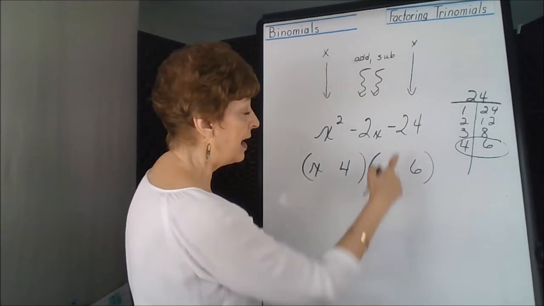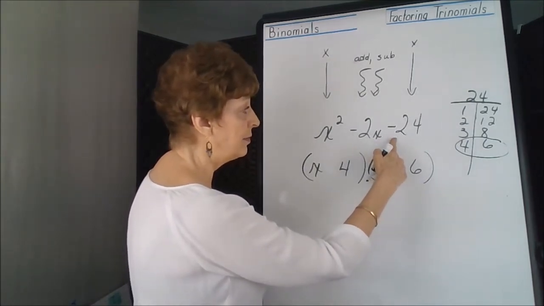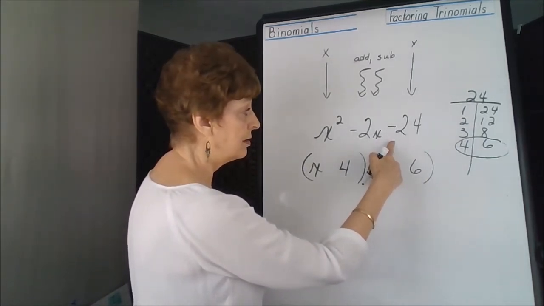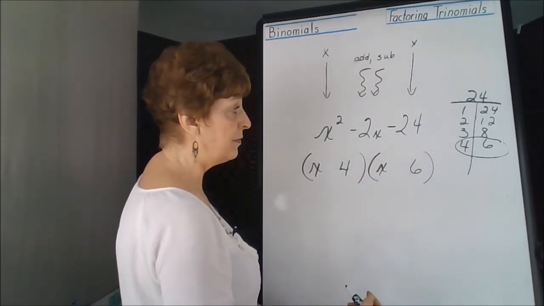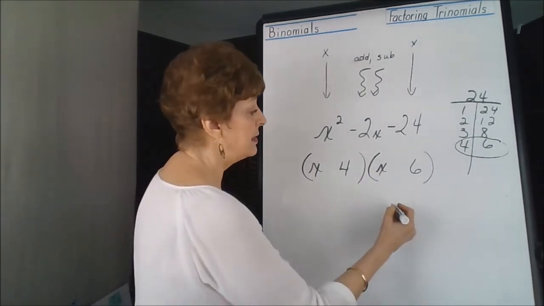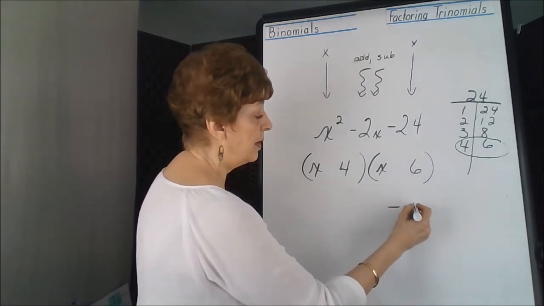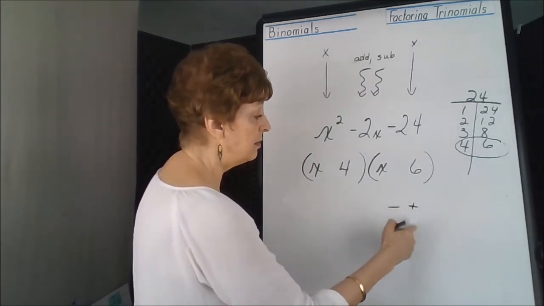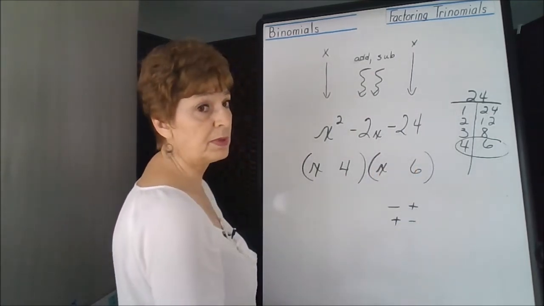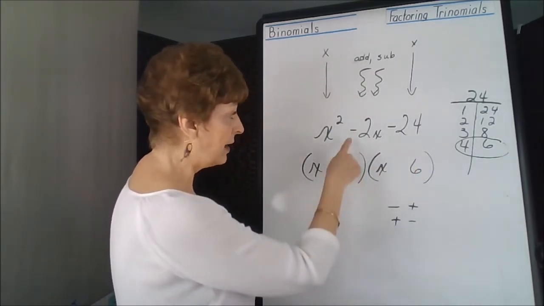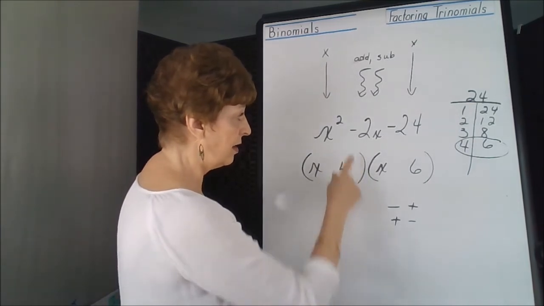Now I know that I have to get a negative term here. The only way I can get a negative with multiplication is either negative times a positive or a positive times a negative. That's the only way you can get a negative when you multiply. But when you subtract, I also need a negative here.